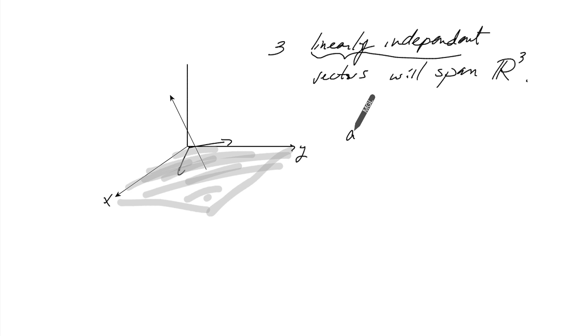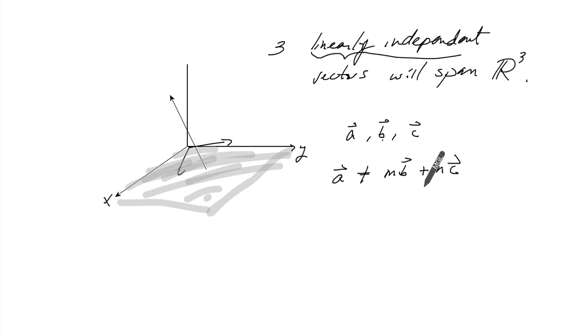Let's say you have vector A and vector B and vector C. If vector A, B, C are all linearly independent with each other, it just means this. So if A is linearly independent of B and C, we cannot do this. Okay.